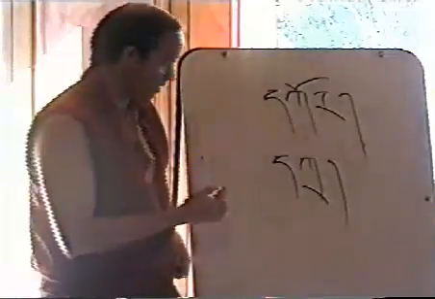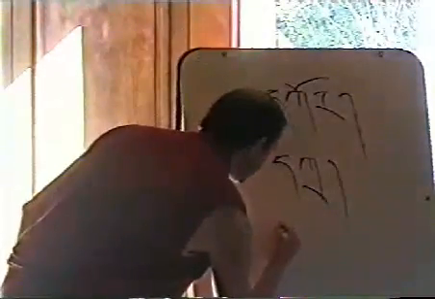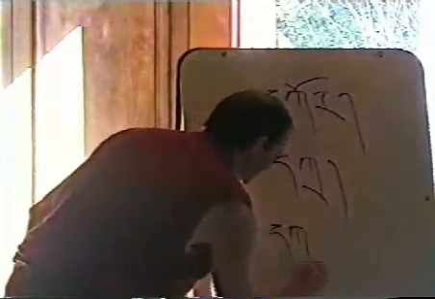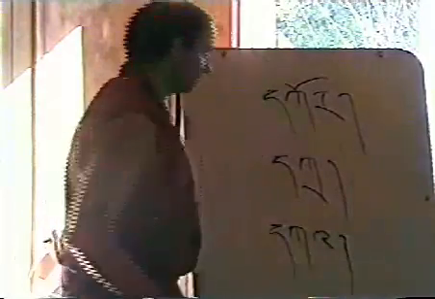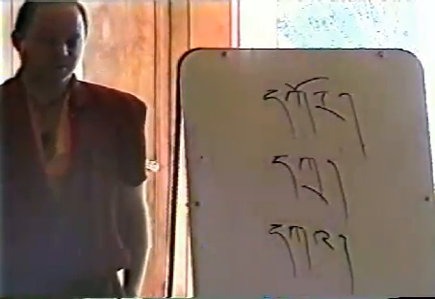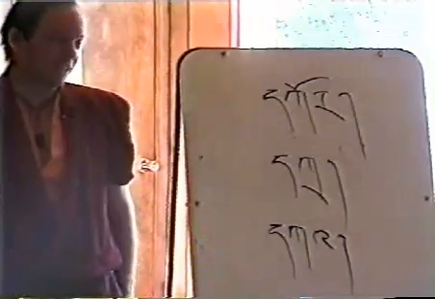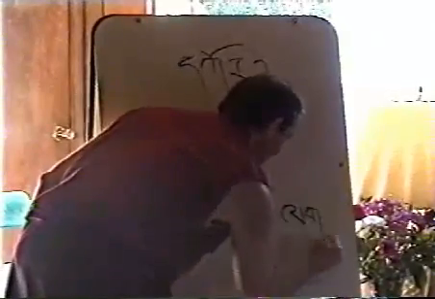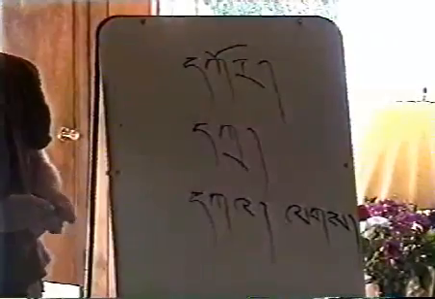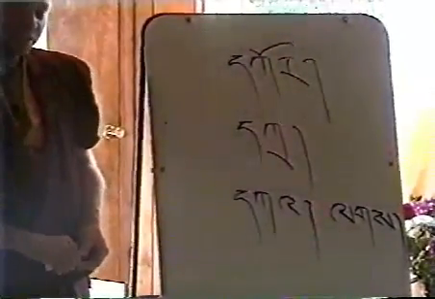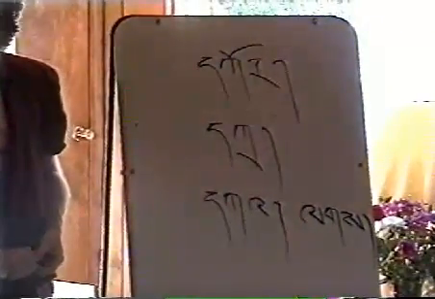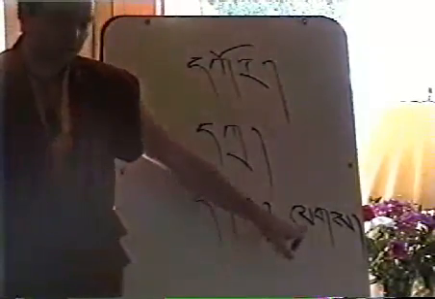Whenever you have 3 letters in a row and there's nothing hanging off of them, it's probably the middle one. Unless the last one is sa, because you know that sa can be a secondary suffix letter. Okay? So the main letter here is the la. This is lak.